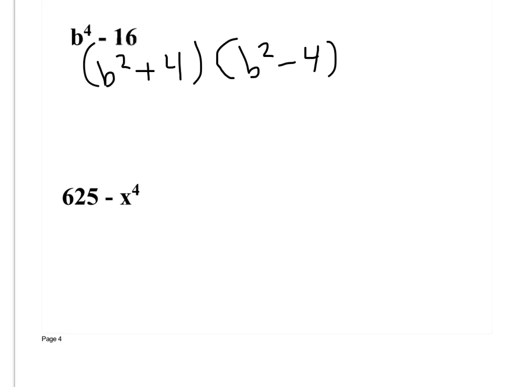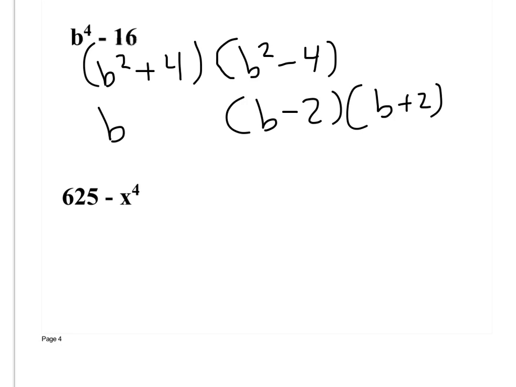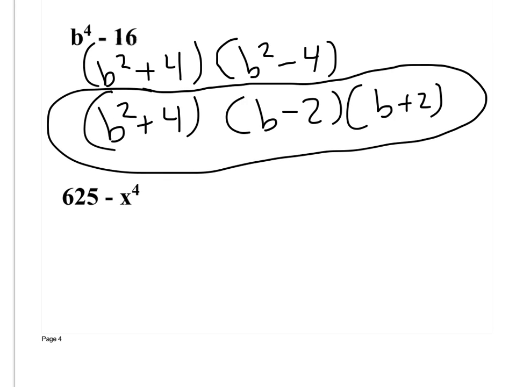So I can factor that into b minus 2 and b plus 2. So there's my answer: b squared plus 4, and then b minus 2, b plus 2. In problems like this, you're breaking the difference of squares up more than once.